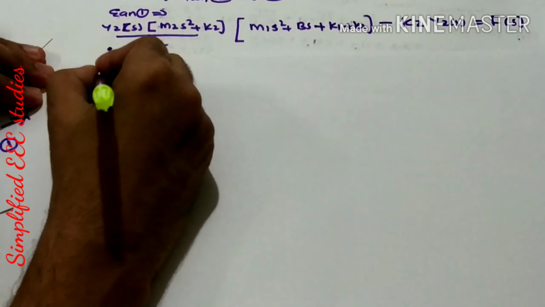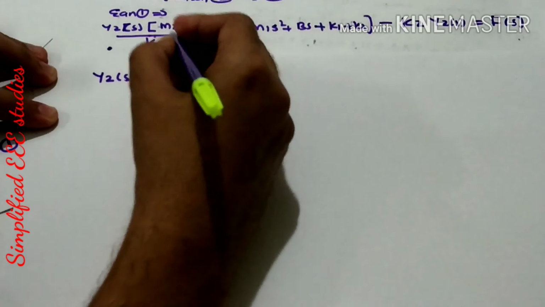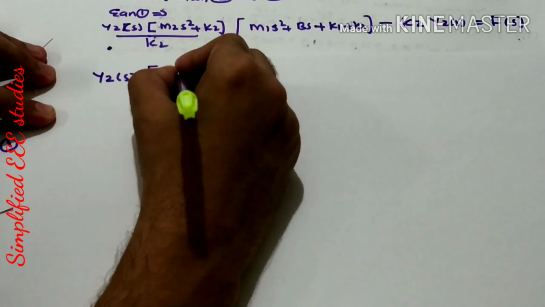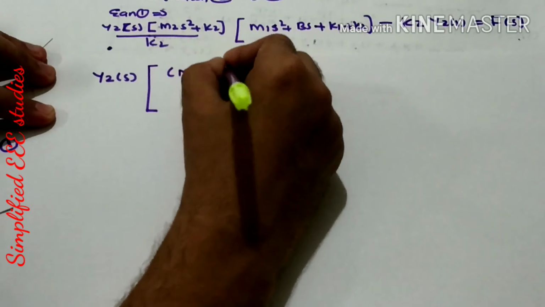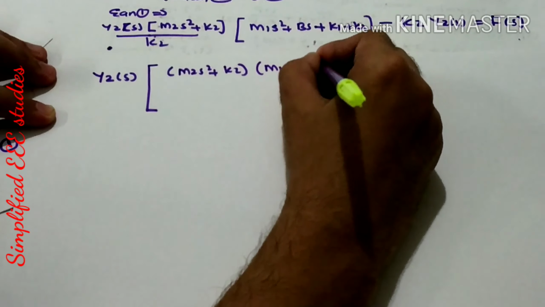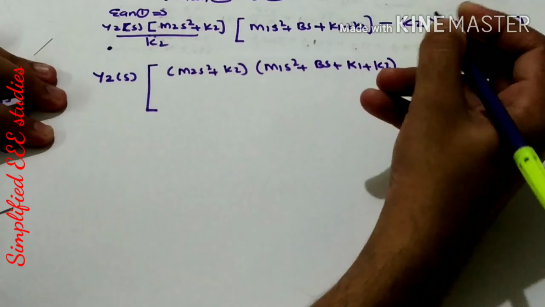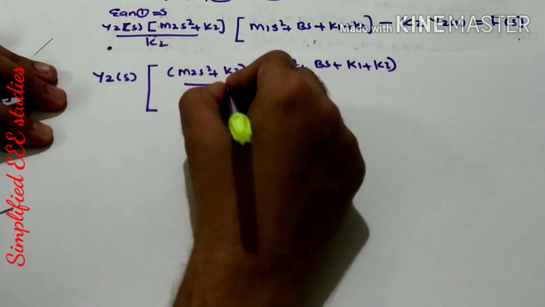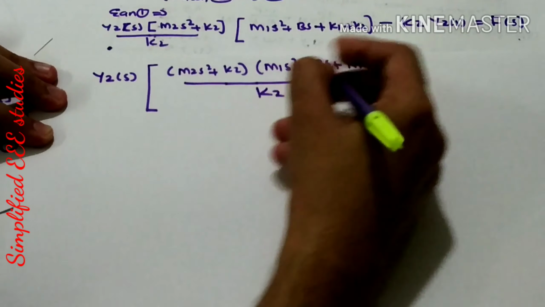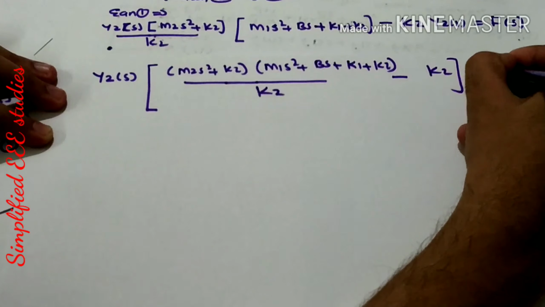From this expression I would like to take y2 of s outside. So what are the terms which are inside? You can write m2 into s square plus k2 into m1 s square plus bs plus k1 plus k2 divided by k2 minus k2, that is equal to f of s.